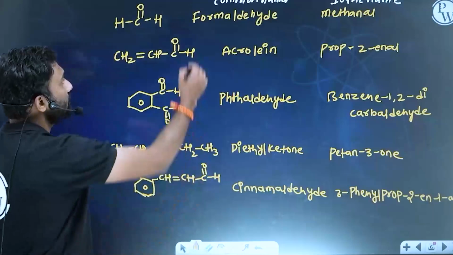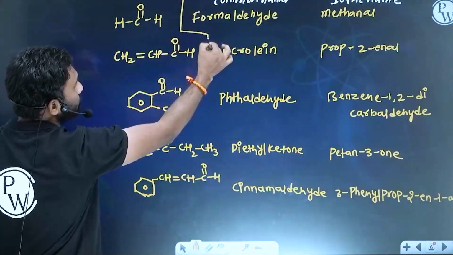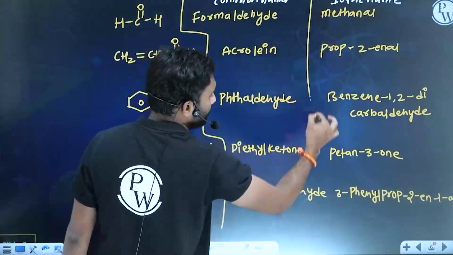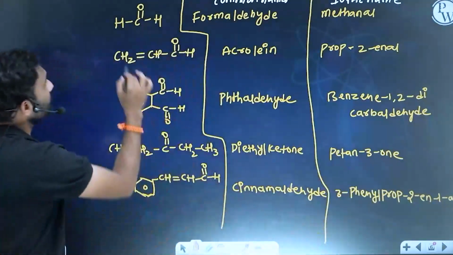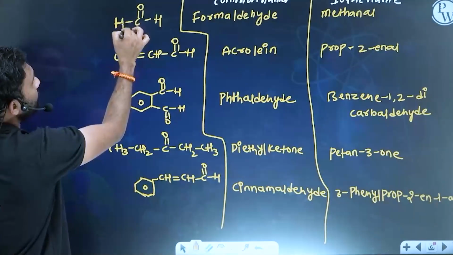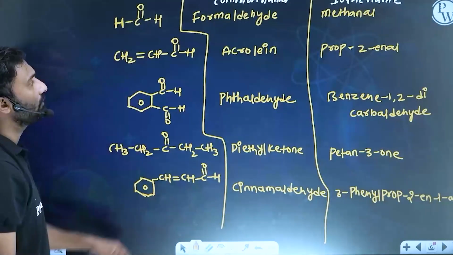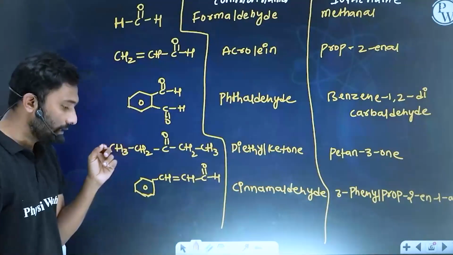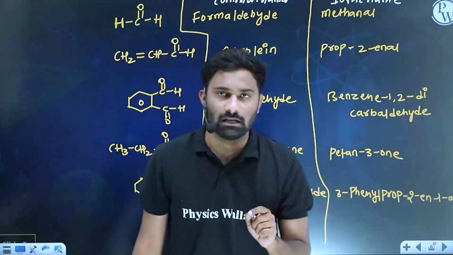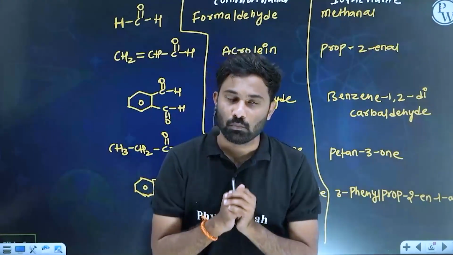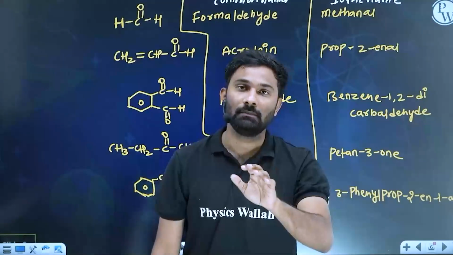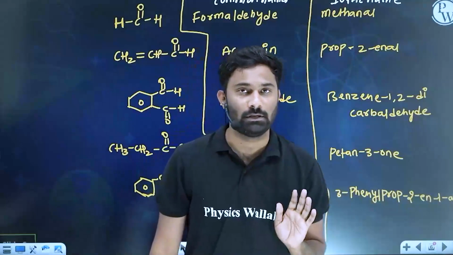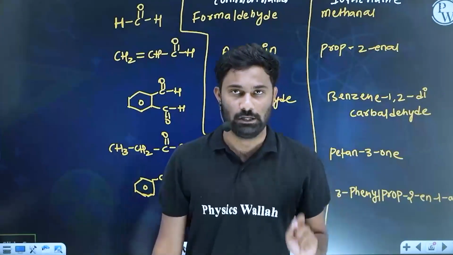Next, let's look at some compounds' common names and IUPAC names. First, HC double bond O with H is formaldehyde. The IUPAC name is methanal. Formaldehyde is methanal. In organic chemistry, most of the time you will know the reaction, but they will ask the product's IUPAC name.